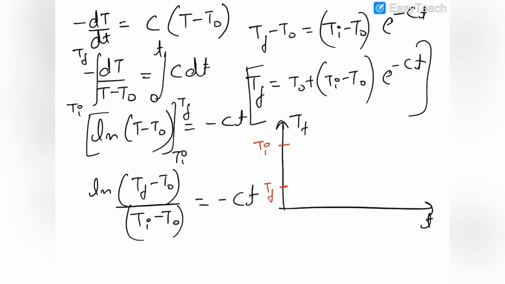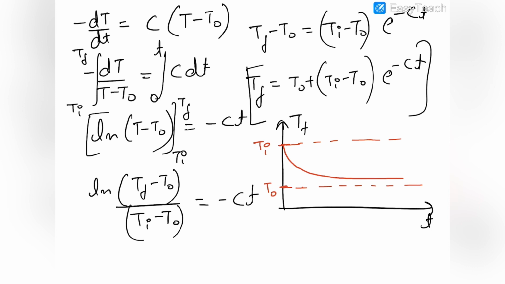And obviously we know that after infinite time, if we substitute t equal to infinity here, the exponential would be 0 and T final would be T naught. This is so obvious because finally the body will attain the temperature of the surroundings. So this graph would appear like that. This is an exponential decay graph, and this is Newton's law of cooling.